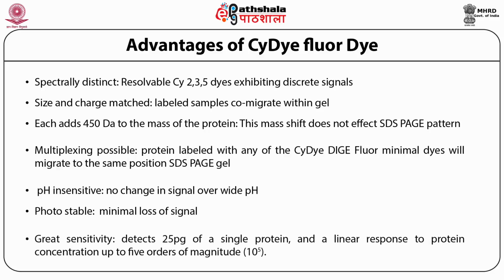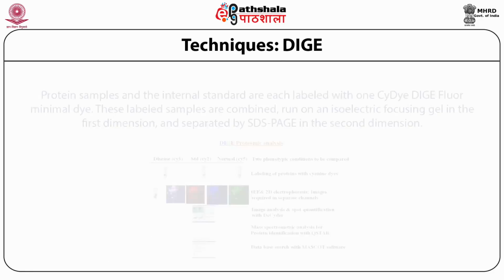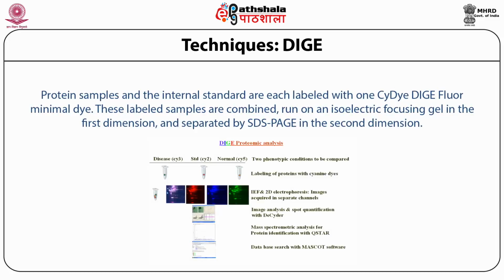Sensitivity is in the range of picomolar to femtomolar, which is otherwise not possible either with silver stain or Coomassie stain. The technique of DIGE involves labeling 50 microgram of protein from an experimental group and labeling 50 microgram of protein from the control group.